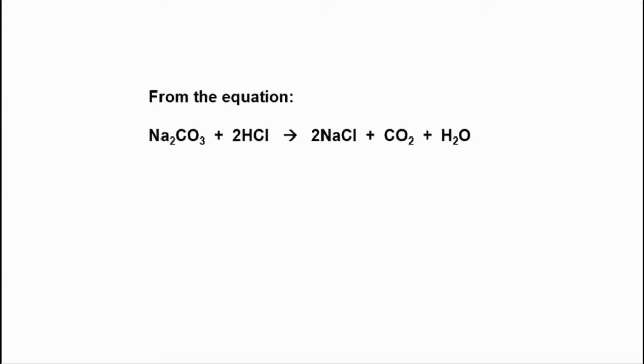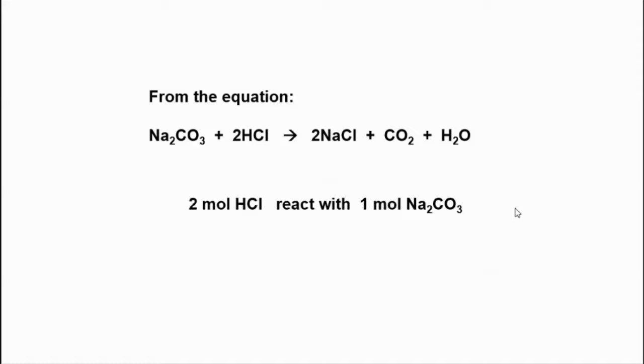Now let's get back to the equation. We are going to apply a stoichiometric relationship here. Let's look at the given equation. From the equation, one mole of sodium carbonate reacts with 2 moles of hydrochloric acid, or it can also be written as 2 moles of hydrochloric acid react with 1 mole of sodium carbonate.